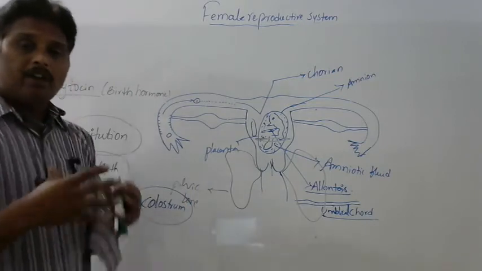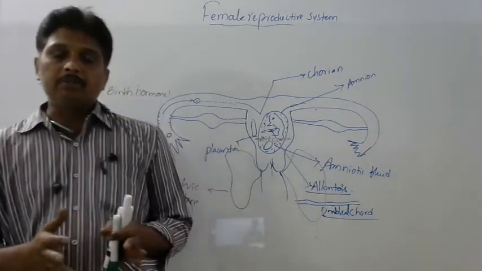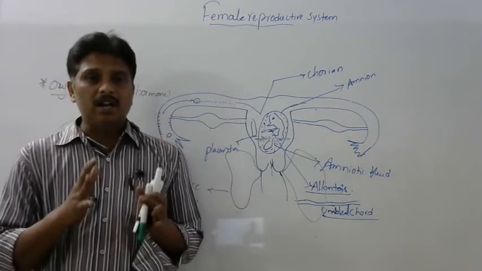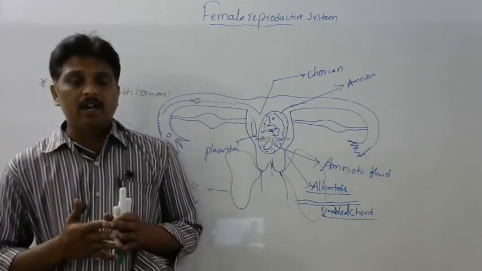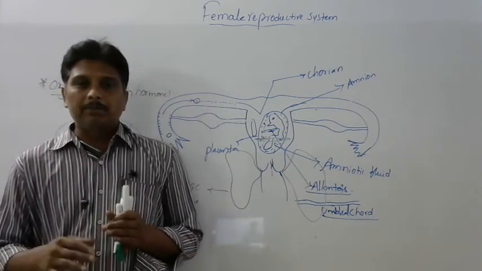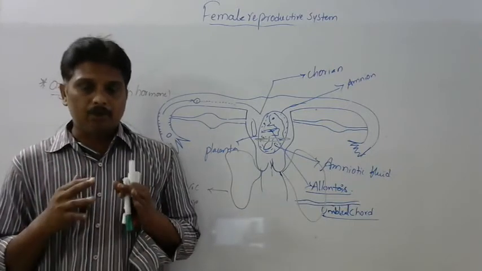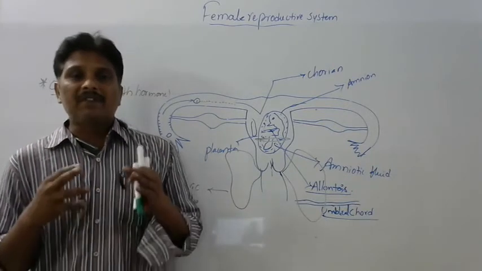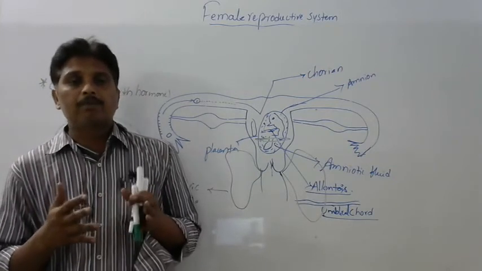Now, after giving birth to the baby, in the female reproductive system, the menstrual cycle will not start immediately. The reappearance of the menstrual cycle depends upon the health status of the female. That means the mother should take a highly rich protein diet, because the mother has to feed the baby with milk. The milk requires proteinaceous food.